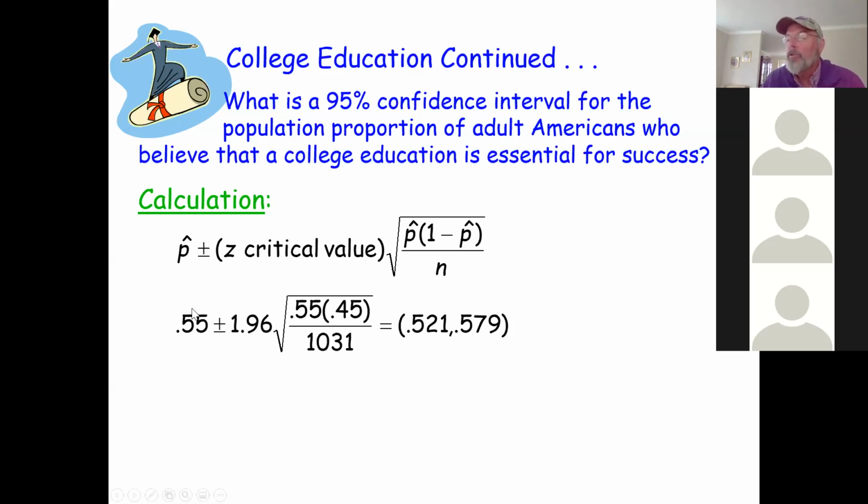And so the estimate is p hat, a value that might be very close to the population proportion. All right, and here is the confidence interval. Here is the low end, and here is the high end of the confidence interval.